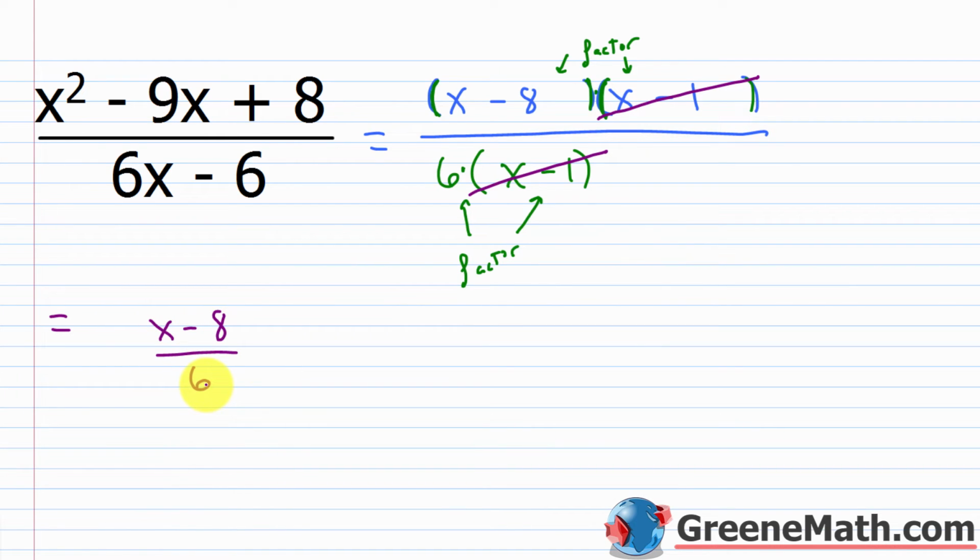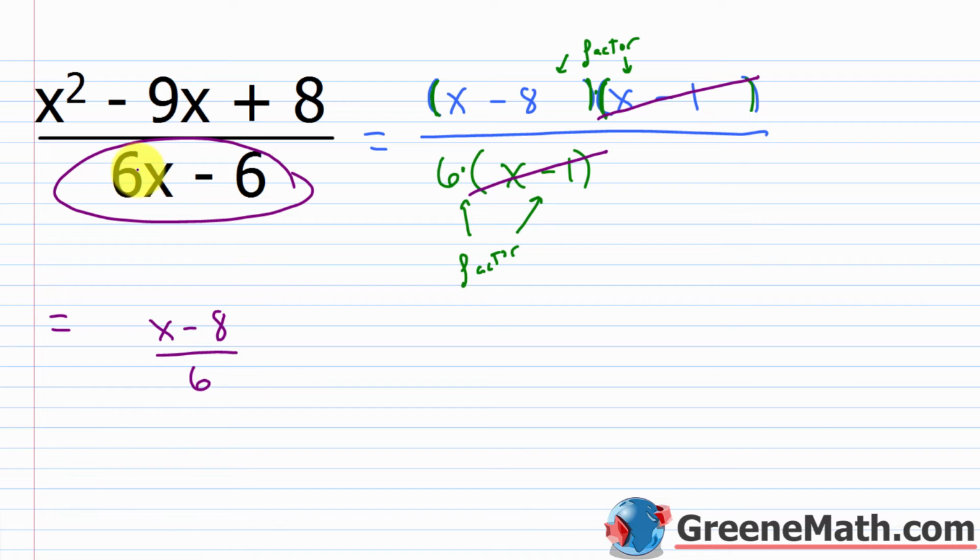Now, this is something that you really need to understand. You might be given a second task on a problem like this, and they might say state the restricted values as well as to simplify. Is this right here, x squared minus 9x plus 8 over 6x minus 6, the same as x minus 8 over 6? Not technically, because x cannot be equal to 1.